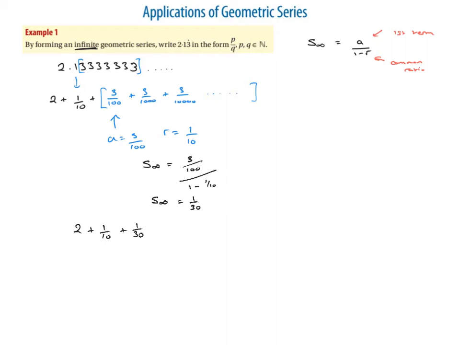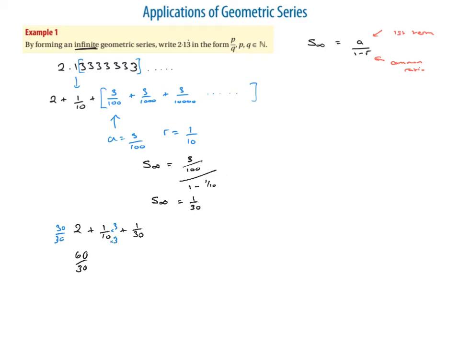Okay, so let's get it all in terms of 30ths. So hopefully you can see that this is going to be 60/30. We need to multiply the 1/10 by 3/3, and the other one we can just leave as it is.